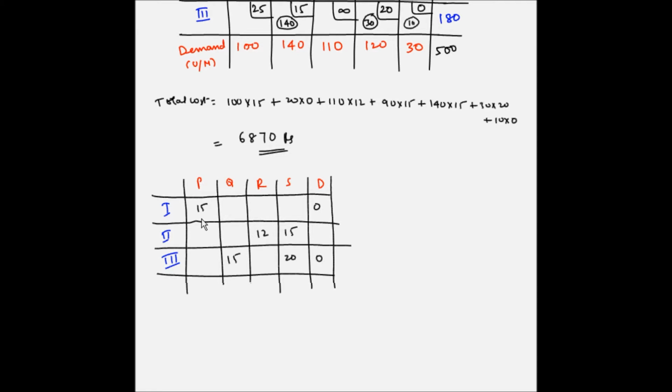Now the next step is to assign Ui and Vj. So U1, U2, U3, V1, V2, V3, V4, V5.